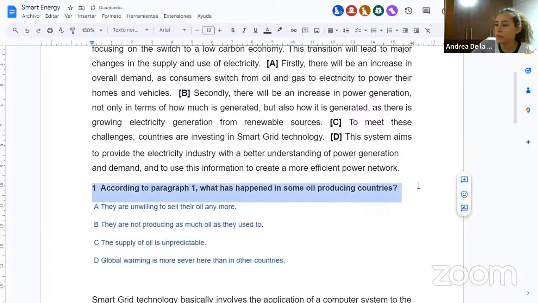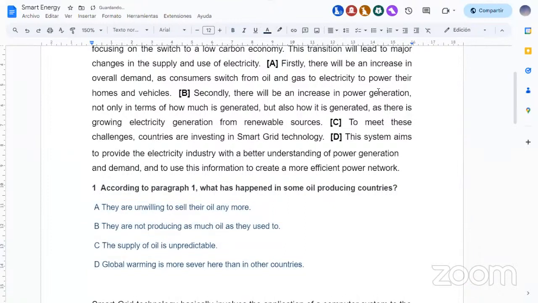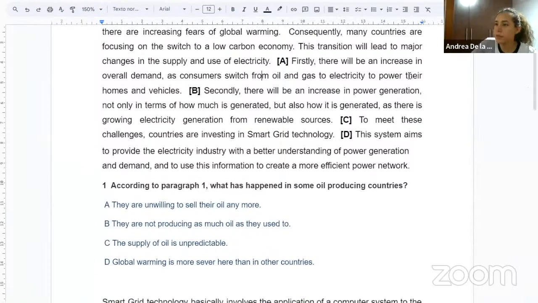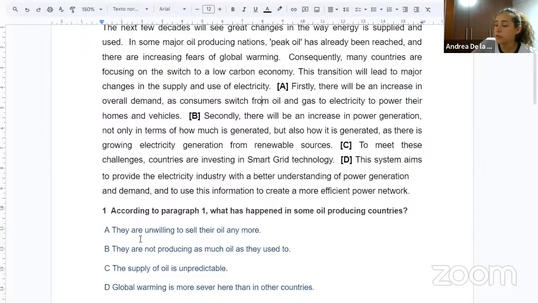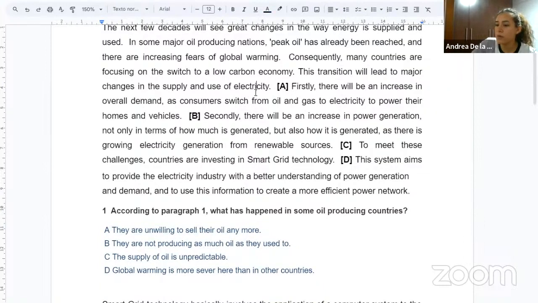Question number 1. According to paragraph 1, what has happened in some oil producing countries? So it's a detailed question, which means that you don't have to read a lot. And I will give you guys 1 minute to answer this question. Okay, so let's see.